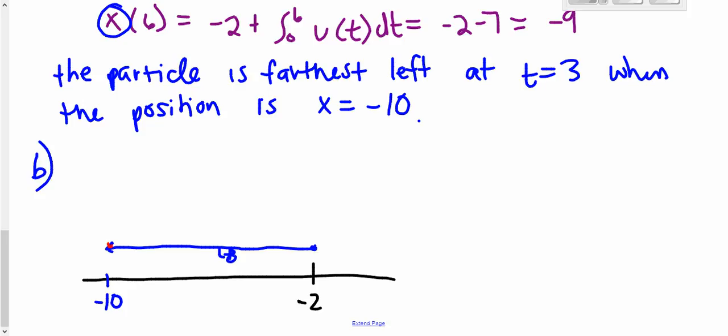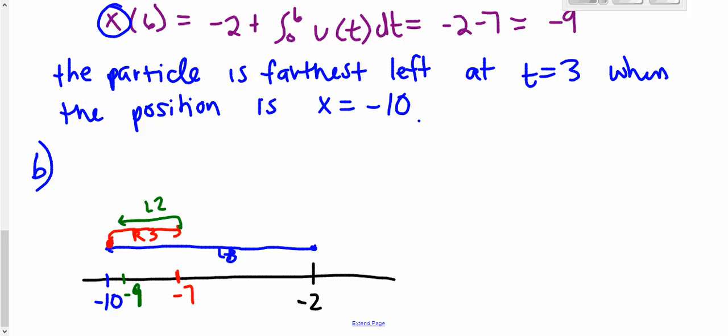Then the next thing that we did, we went from there, we moved to the right 3 because of that +3. So if we move to the right 3 from -10, we end up at -7. And then we moved to the left again, and we went to the left 2. So we ended up at -9.